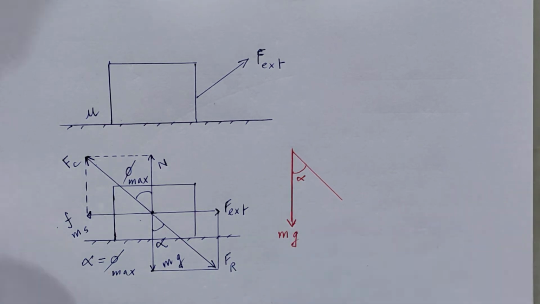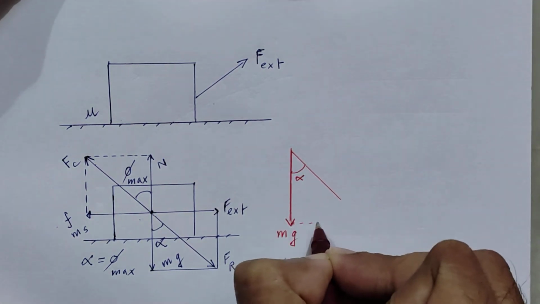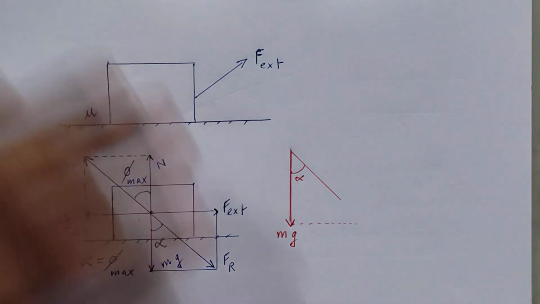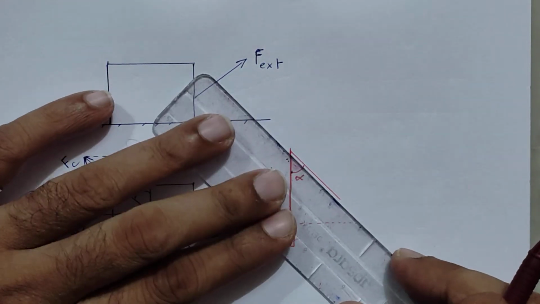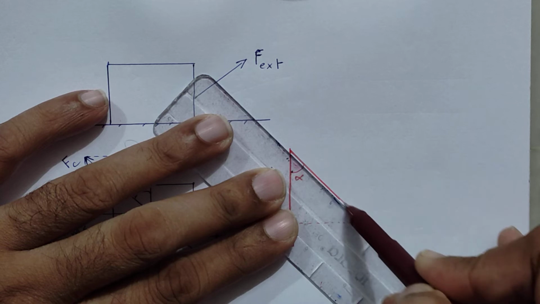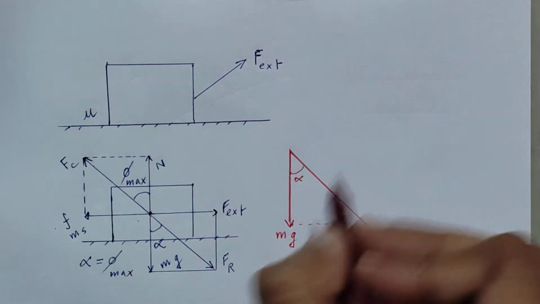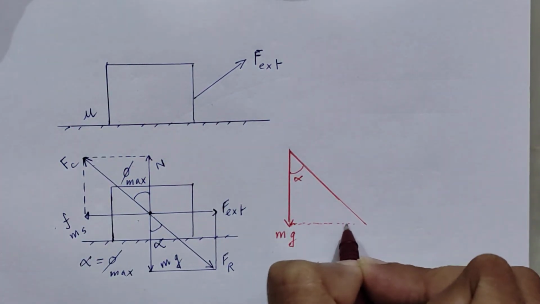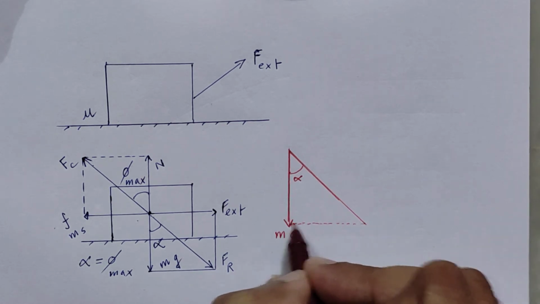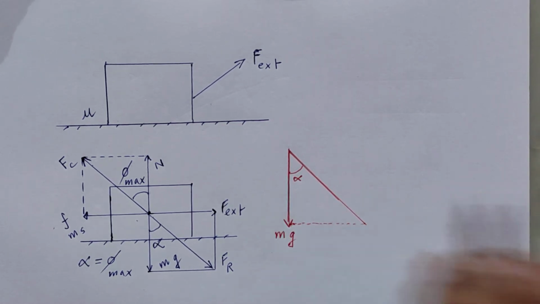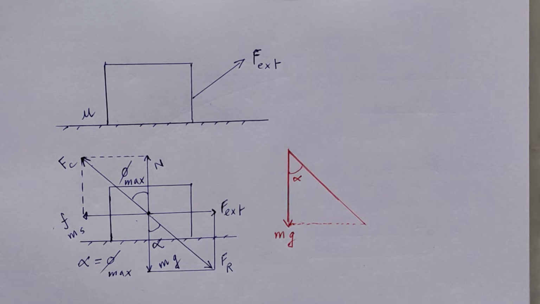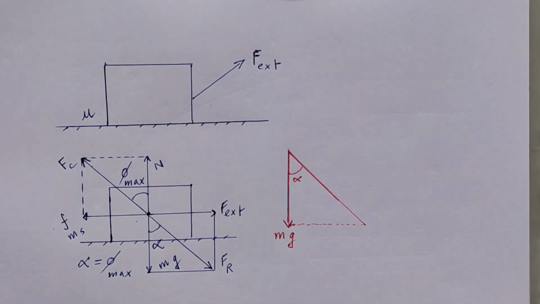If it was a horizontal line, please tell me, is this the minimum distance? If I draw a horizontal line from here, is this the minimum distance between this line and this line? Never. Whenever we want to find the minimum distance between two lines, what do we do?